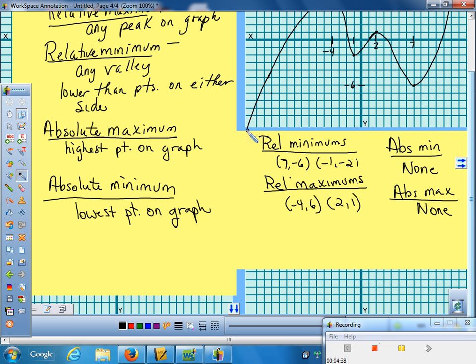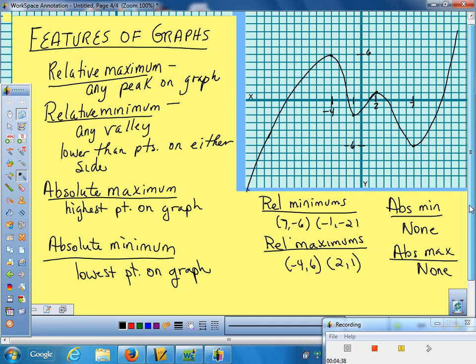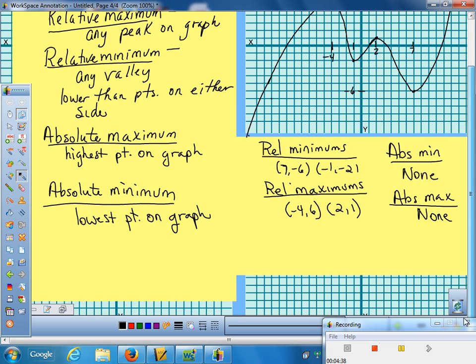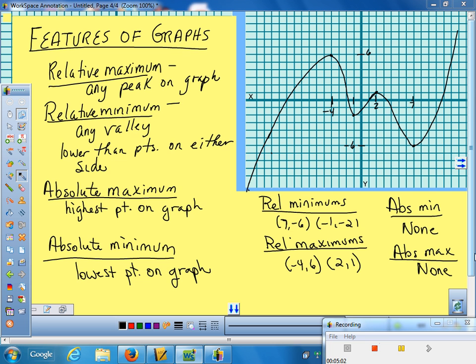Okay. Now, is it possible for any graph to have an absolute maximum and an absolute minimum? Because, suppose I had taken this one, what if it had turned around and gone back upward?